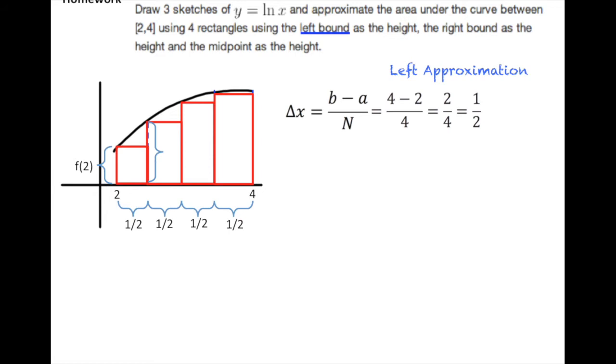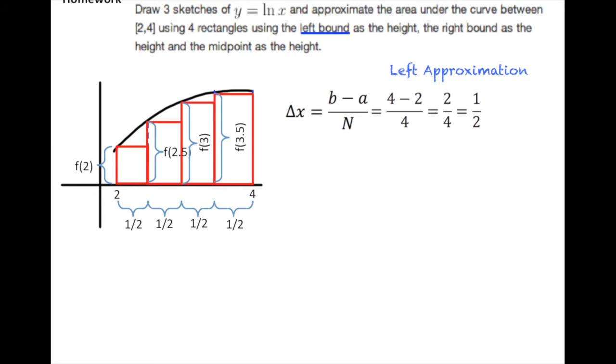And my next height would be f of 2.5, right? I know it's going to be 2.5 because the first one's 2, and then I'm adding 0.5. And then I go another half over, which is my change in x, and I get f of 3. And then my last rectangle will have a height of f of 3.5.